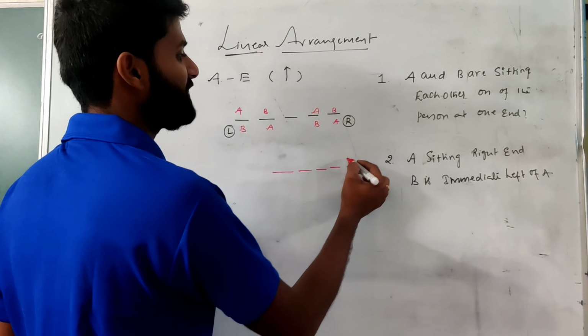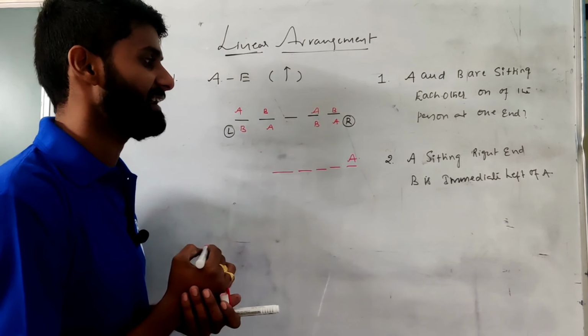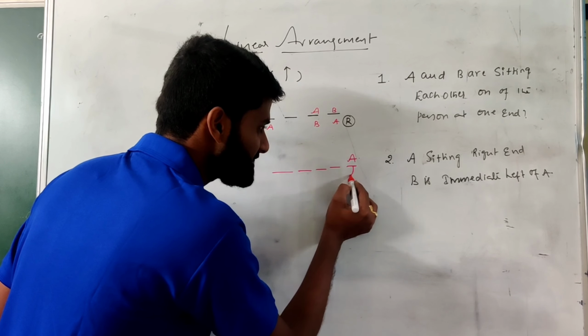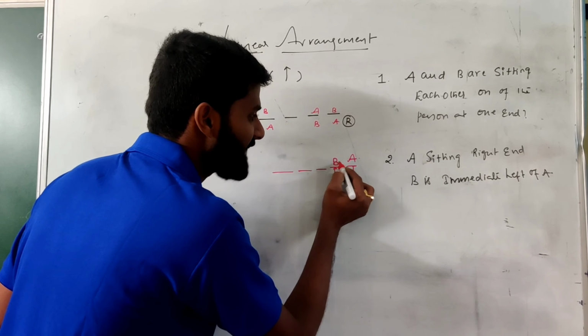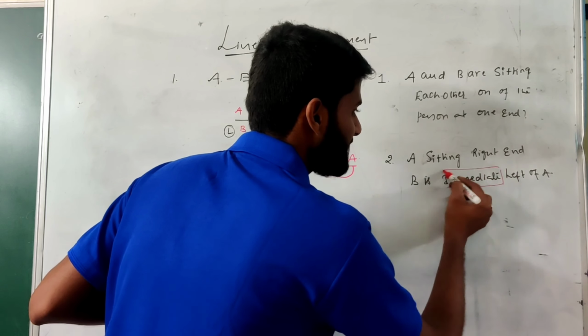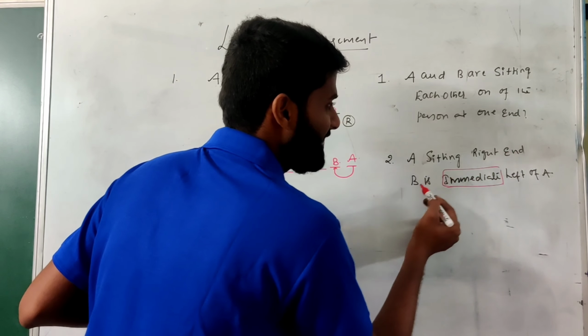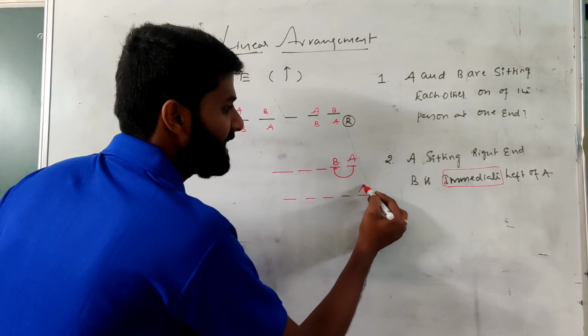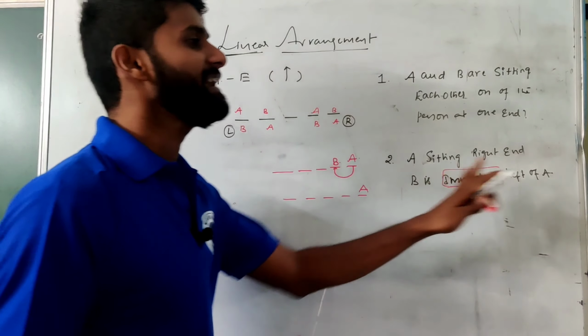A is sitting at the right end, he fixed that. He said that B is the immediate left of A. Immediate left means this is the position, I can fix it as B. Sometimes they do not mention immediate: he said A is sitting at the right end, B is to the left of A. Same 1, 2, 3, 4, 5.